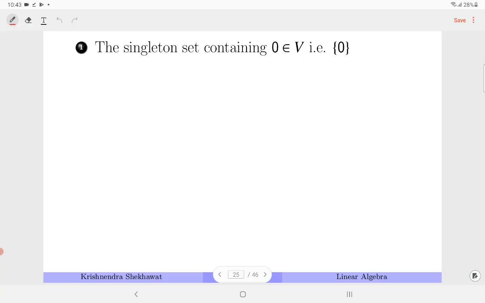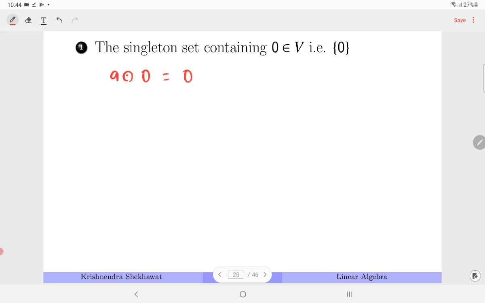Okay, next question. What do you think? The singleton set containing the 0 vector. 0 belongs to V, it means we are talking of the 0 vector. Is it LI or LD? Since there is only one vector, if I write the vector equation, it looks like a dot 0 vector, and on the right hand side you always consider the 0 vector.